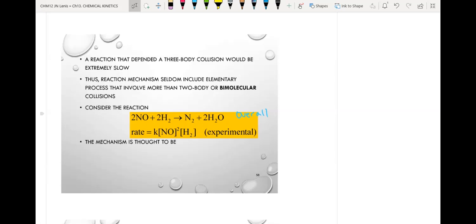Bimolecular means during the transition state, 2 species are colliding and forming the activated complex. This is really interesting. This is very valuable information to write reaction mechanisms.